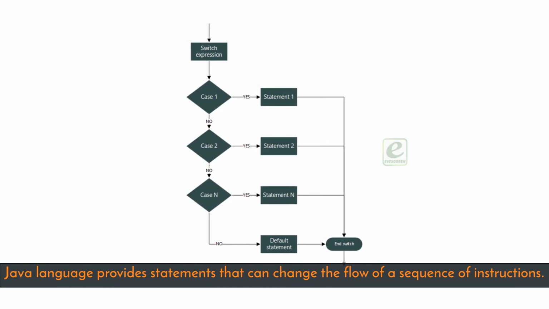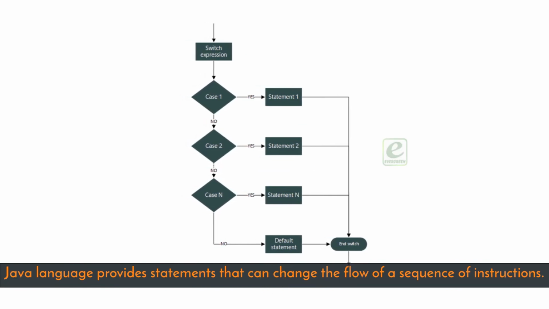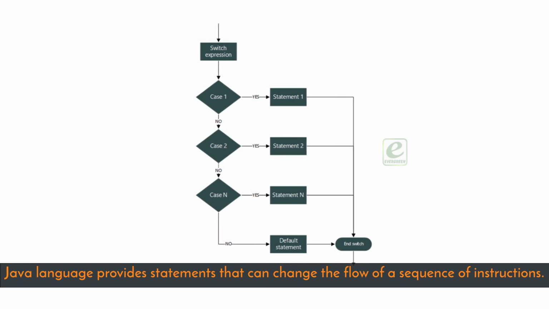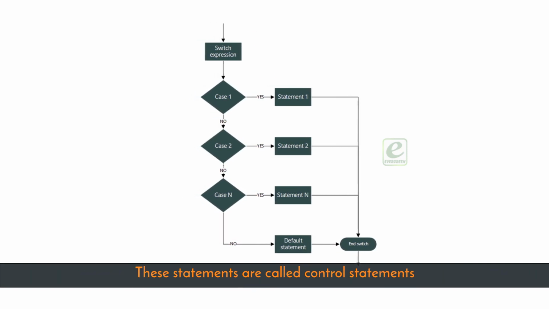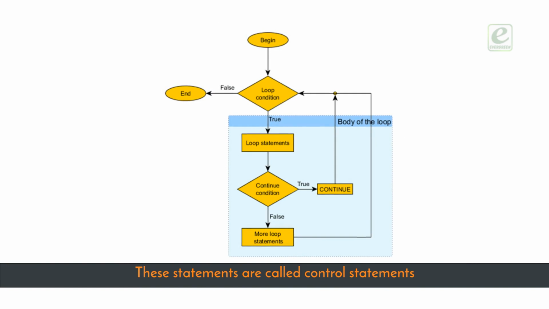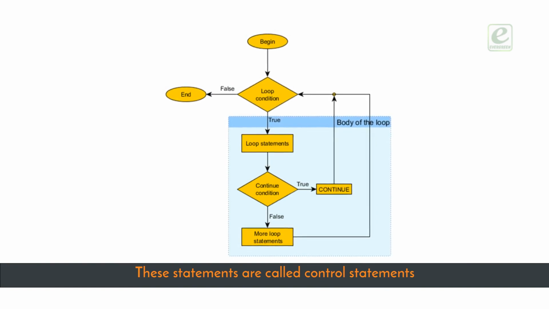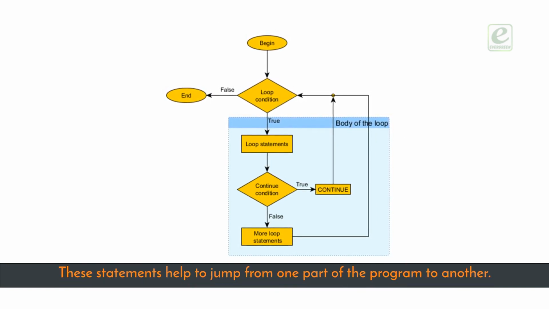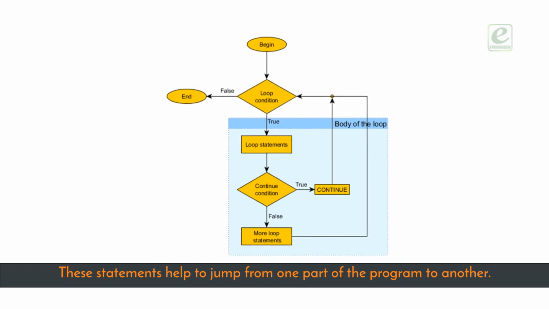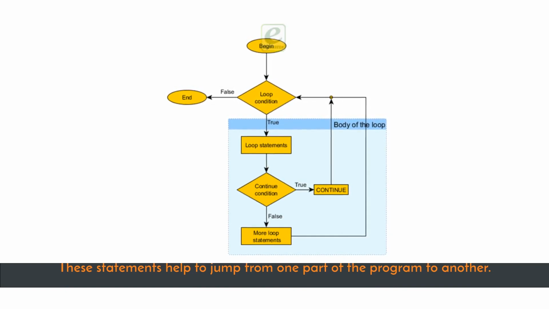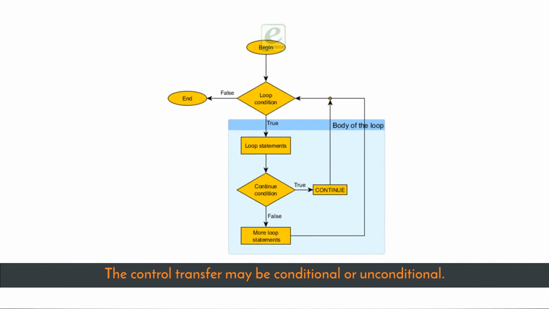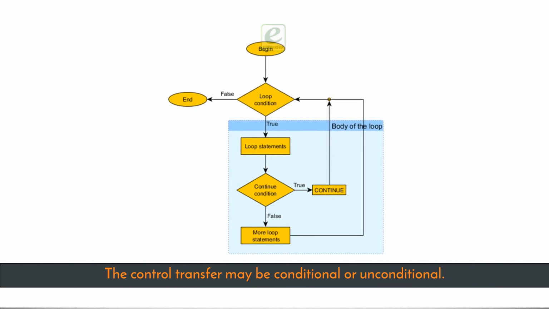Java language provides statements that can change the flow of a sequence of instructions. These statements are called control statements. These statements help to jump from one part of the program to another. The control transfer may be conditional or unconditional.